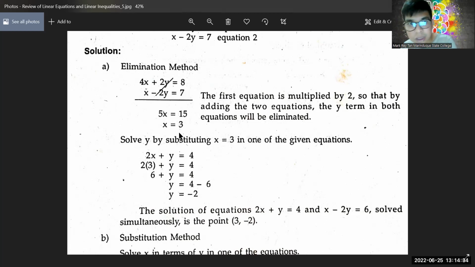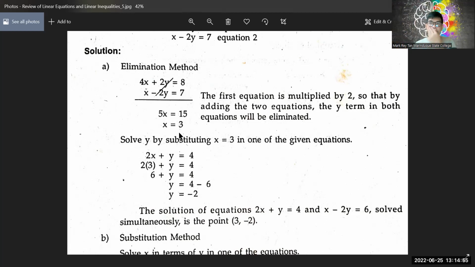And then we transpose it. It becomes negative 2y equals 7 minus 3. So negative 2y equals 4. We divide both sides of the equation by negative 2. Therefore, y equals negative 2.